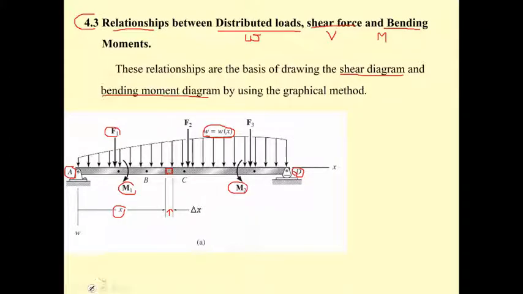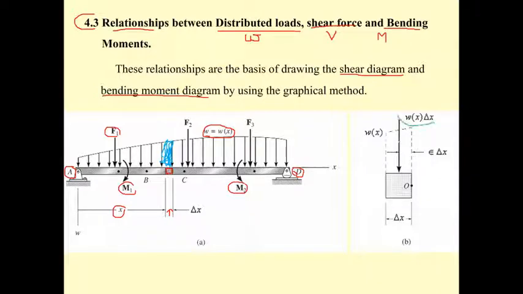If you extend a little bit further, this portion takes the uniformly distributed load in this small area acting on it. When you cut this portion of the beam, you can see that the distributed load will have what is called the resultant acting on it.